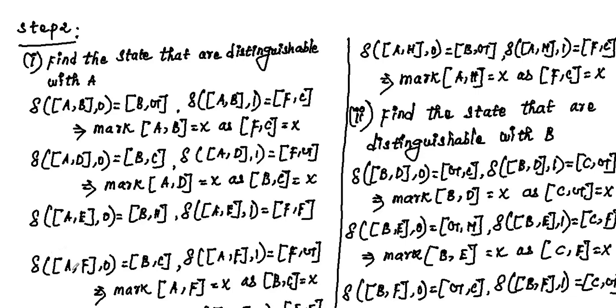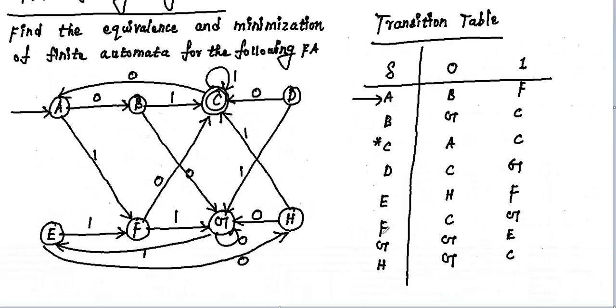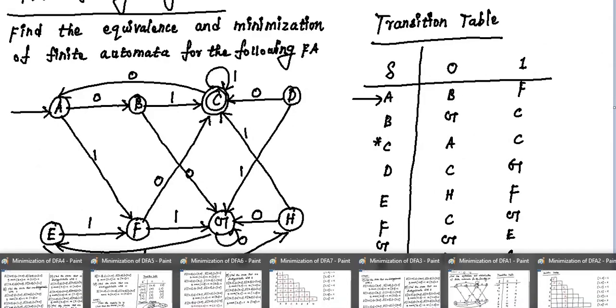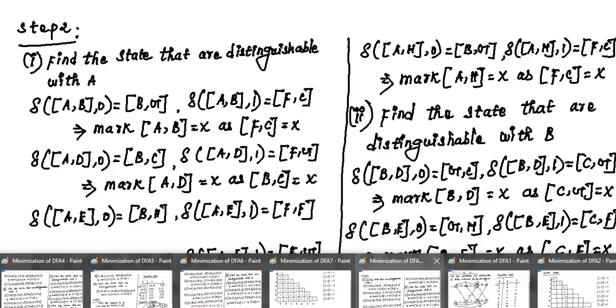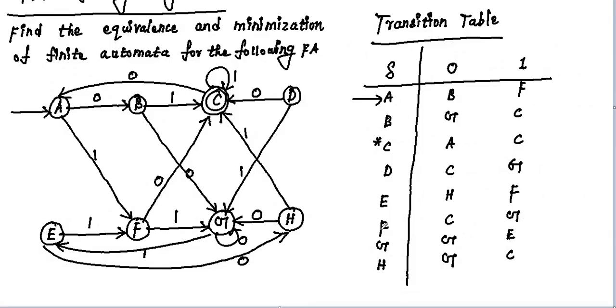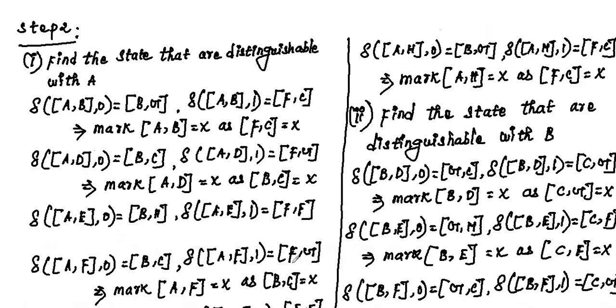Del of A comma F 0 and del of A comma F 1. Del of A comma F 0, see the transition table. In this transition table, AF 0 means BC. Here you write BC. Next del of A comma F 1, A comma F 1 is FG.